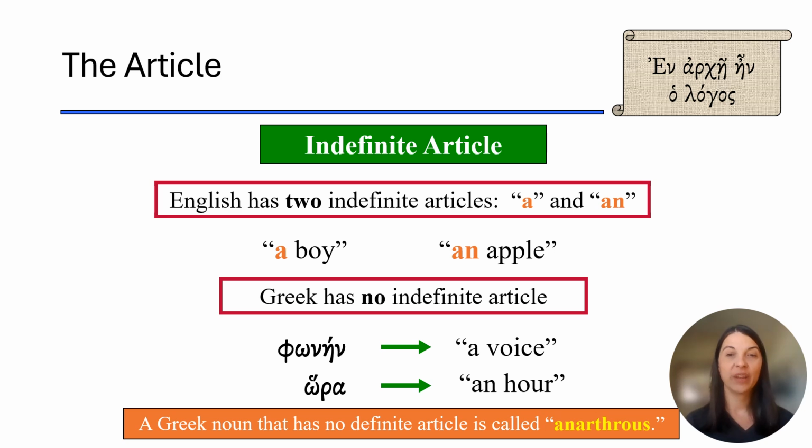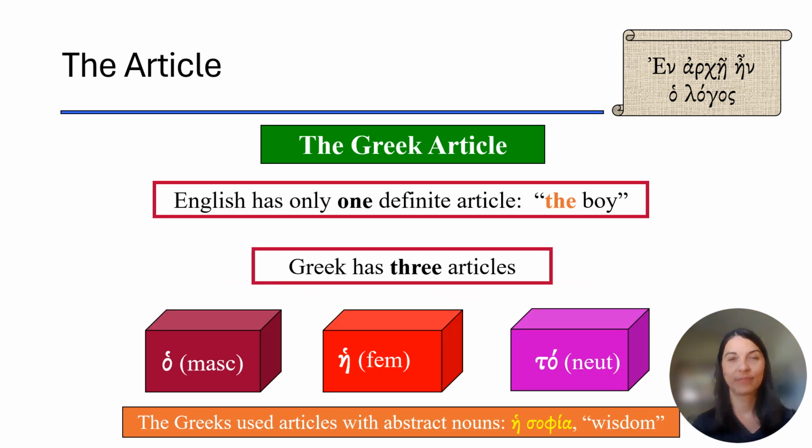We have two indefinite articles in English, the a and the an, and those change based on the word. In Greek, if you see a noun without a definite article, you can translate it as a or without an article at all. In English, we have one definite article, the.